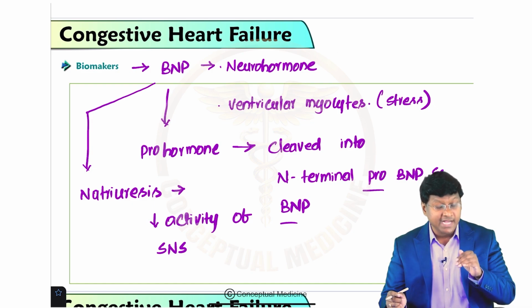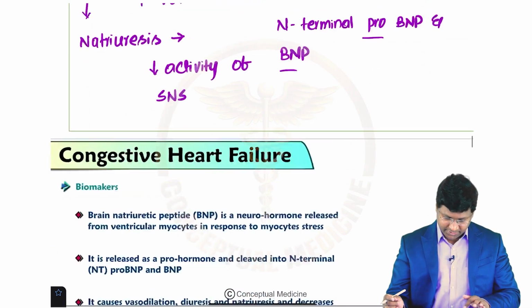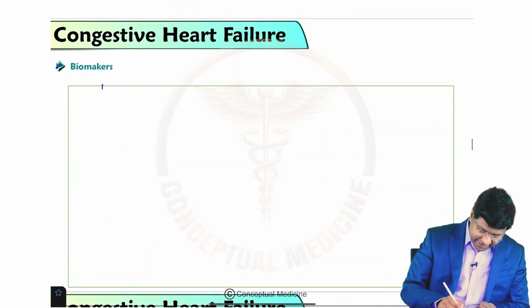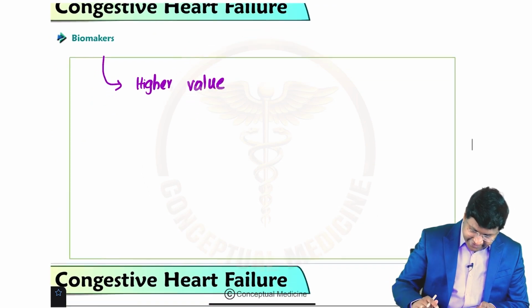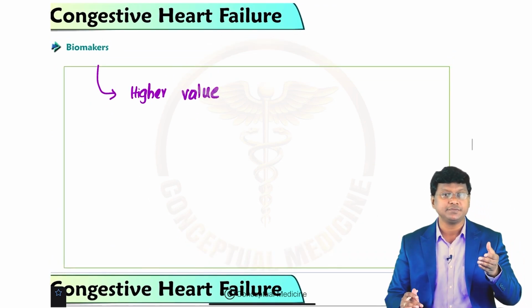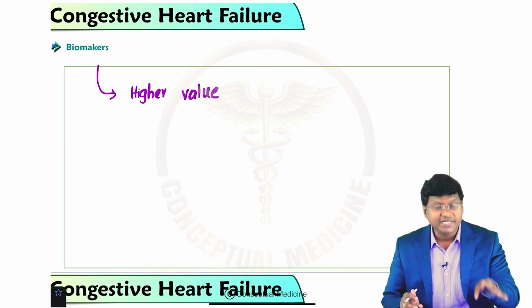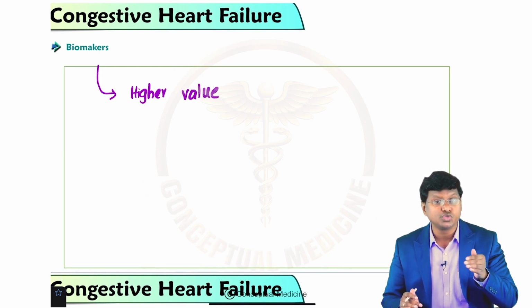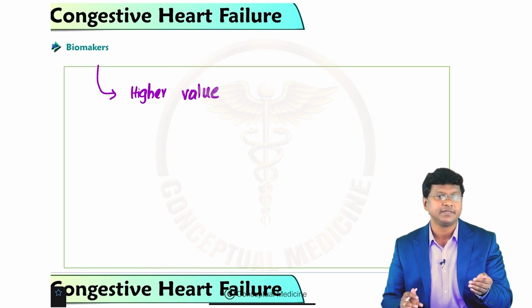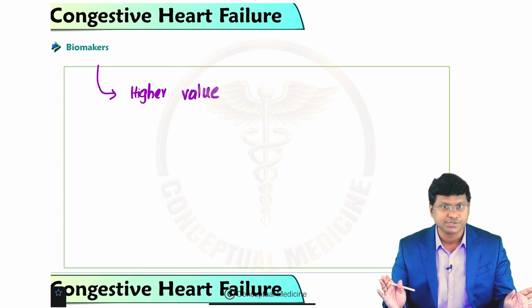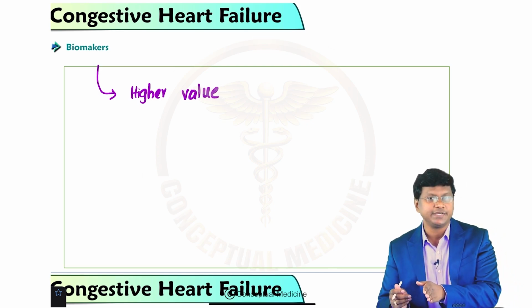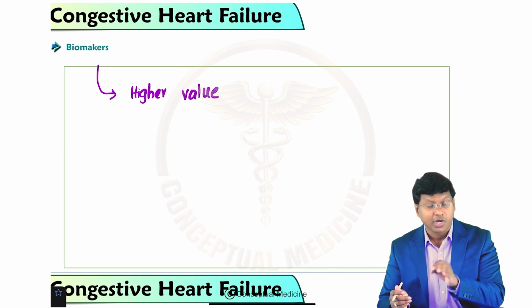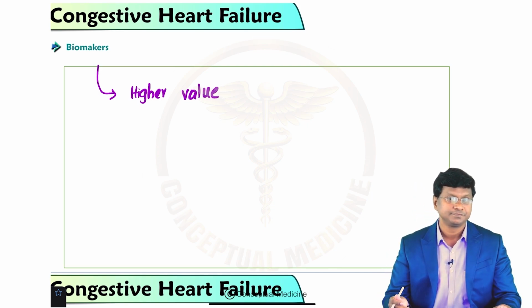Those individuals with higher values on admission do worse, and those whose values decrease after treatment have a better prognosis. But in individuals with higher values not reducing, they have the worst prognosis.